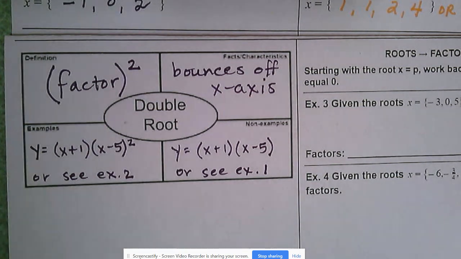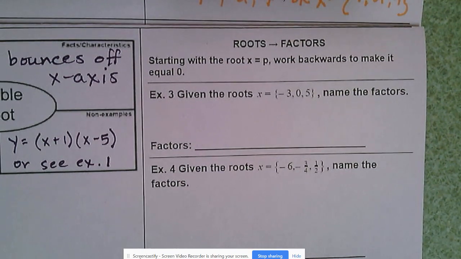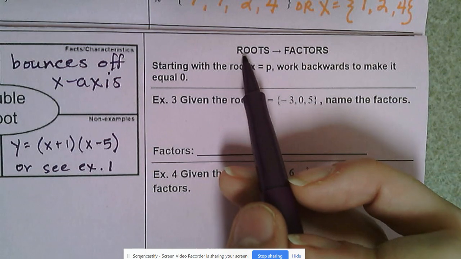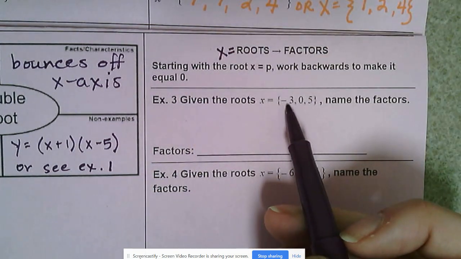And now we're going to talk about writing a root as a factor. We actually spent a lot of time, and you may or may not remember, solving a quadratic by factoring. We would get the factors, set them equal to 0, and solve for x. Now we're doing the reverse. So we're starting with roots. Roots look like x equals something, like right here.